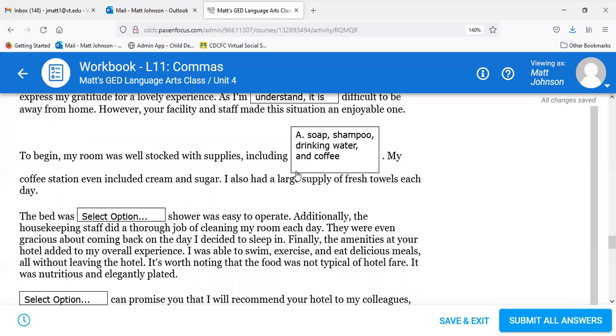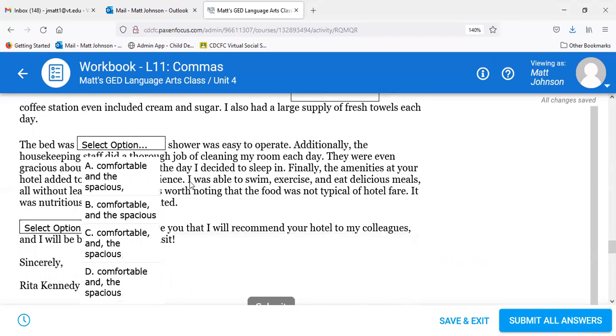So here we have 4 items. A lot of times you see like 3, but as many items as you have, as long as you separate them with a comma, you're okay. My coffee station even included cream and sugar. I also had a large supply of fresh towels each day. The bed was comfortable and the spacious shower.